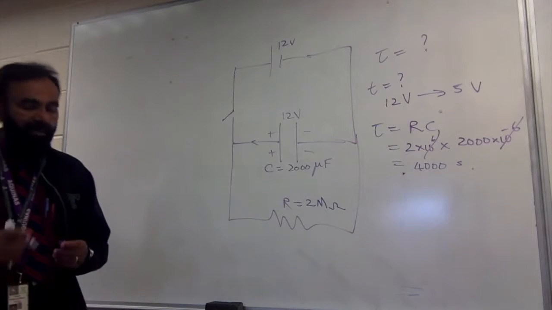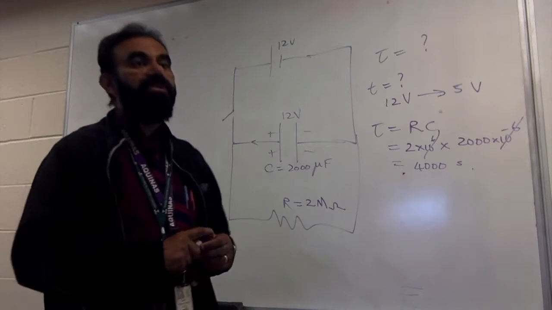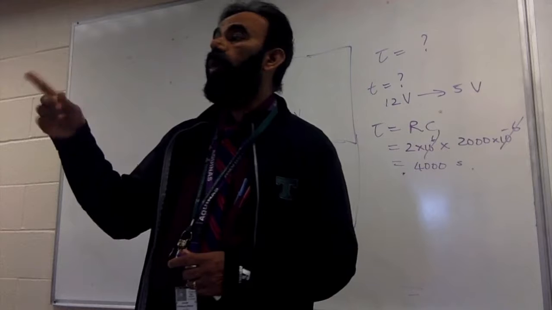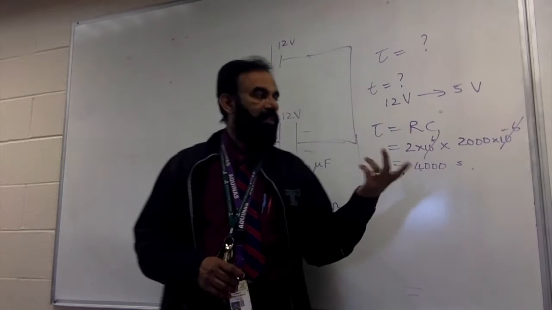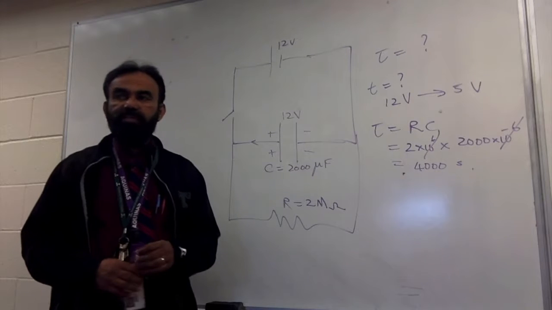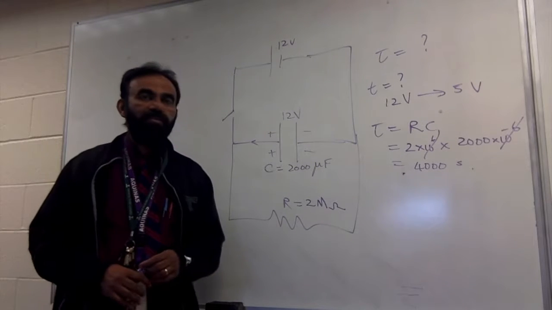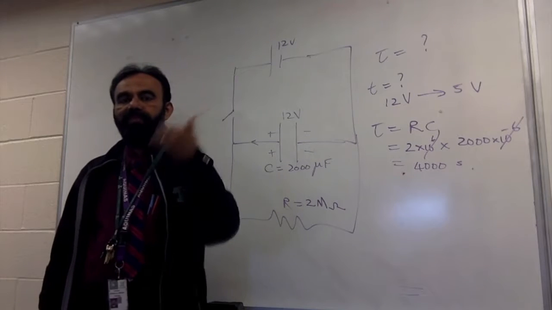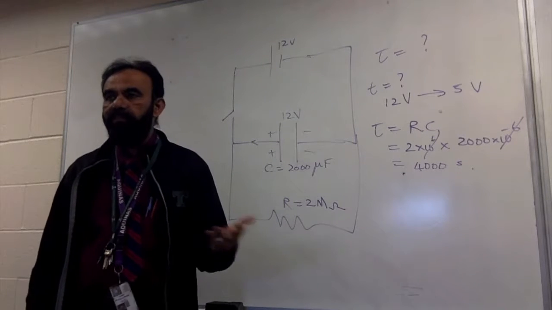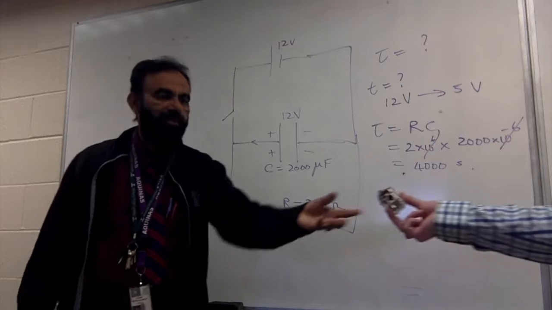Time constant is the time taken for a capacitor to discharge to 1/e of what it was before, correct? And so it takes 4000 seconds for this capacitor to drain from 12 volts to 12 divided by 2.718.